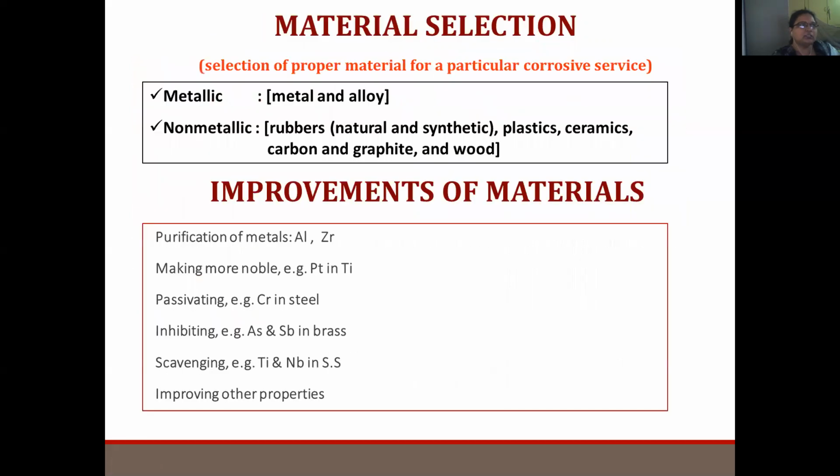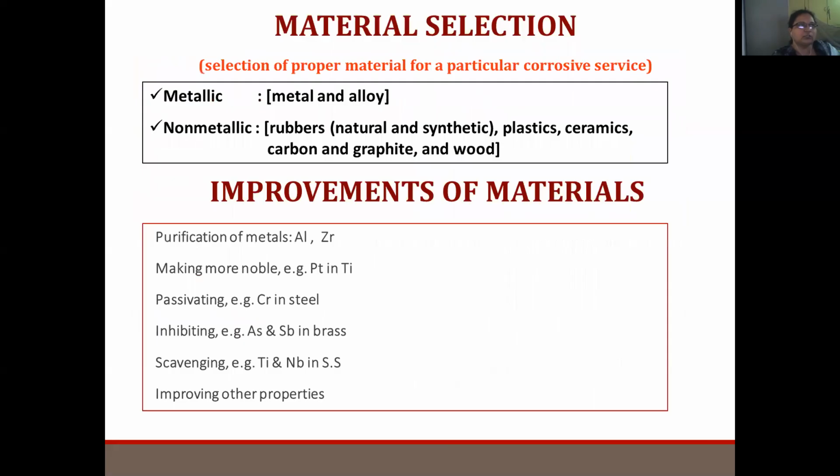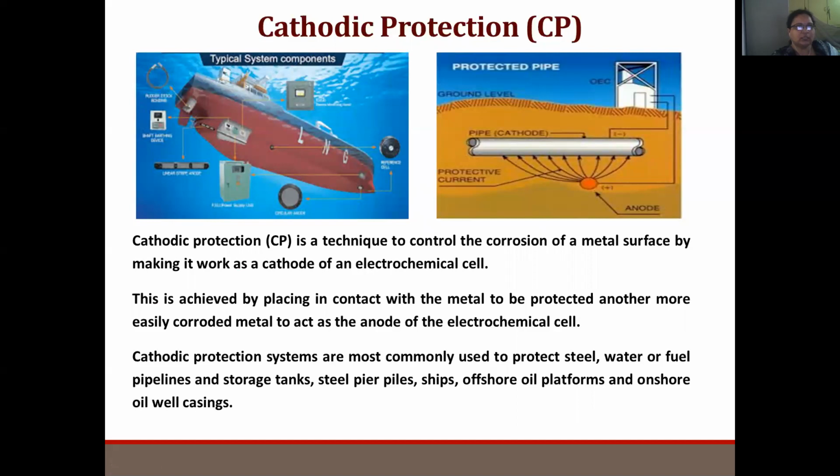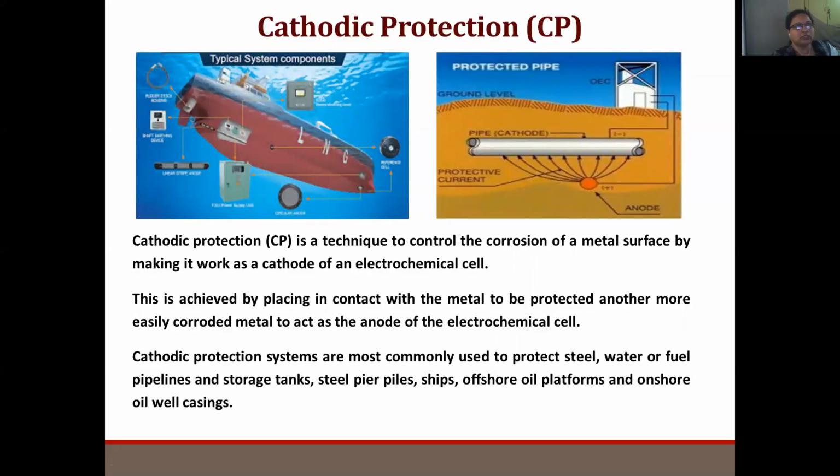Then the earlier ones: design of structures, then material selection, then improvement of materials, and then cathodic protection. All these types are very, very important in protecting the metal from corrosion.